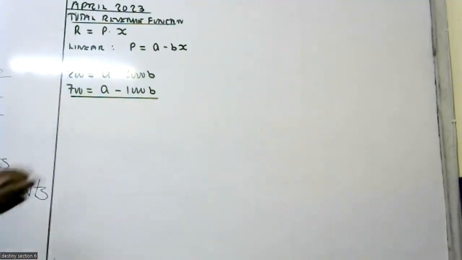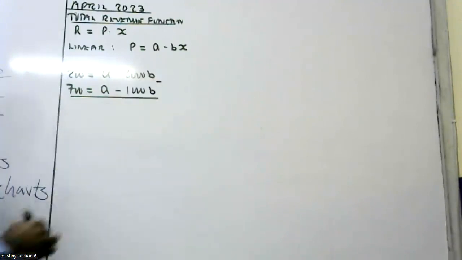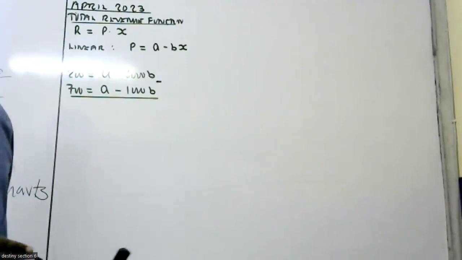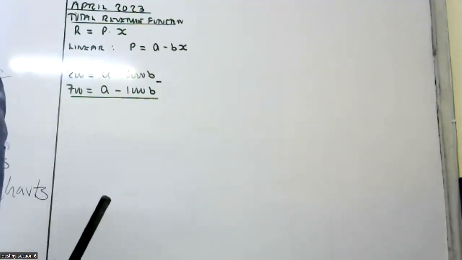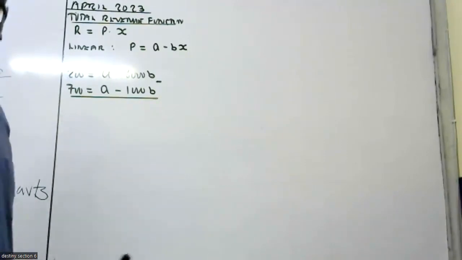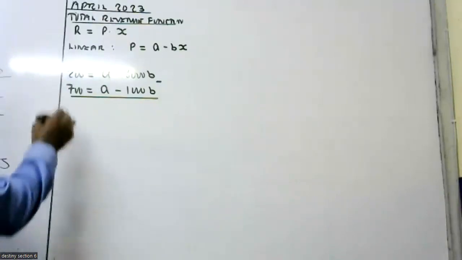So we subtract here. Tell me, 200 minus 700 is equal to what? Minus 500.